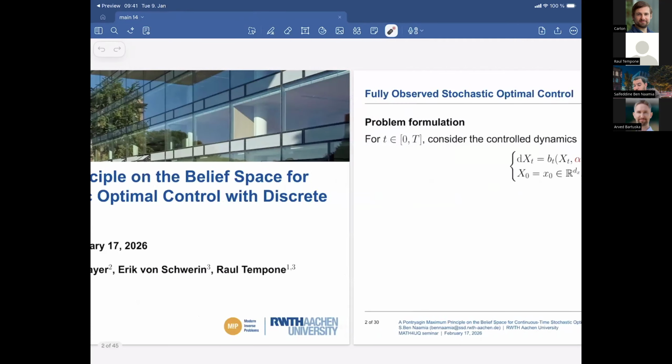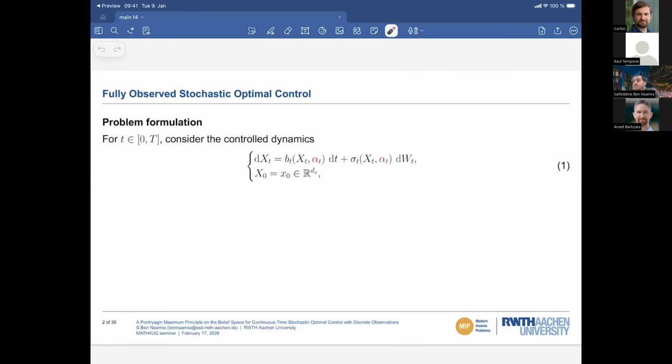So, first of all, we start with the most basic stochastic optimal control formulation, which most of us should know, or if we don't know, it's quite direct. I will try to present it here. You basically have a process X that describes whatever dynamical process you need with the following SDE.